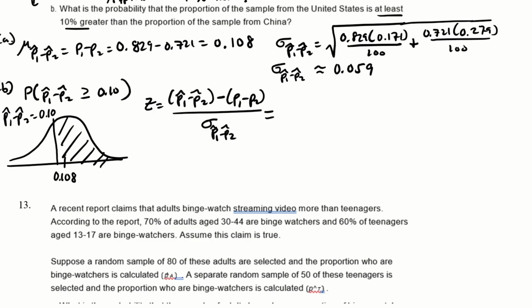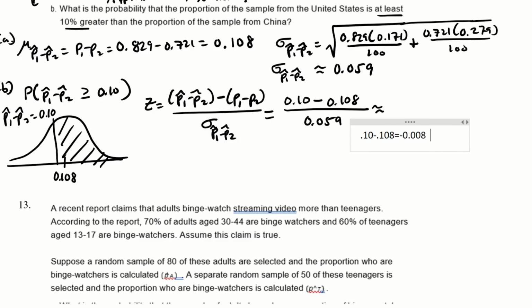So p hat 1 minus p hat 2 is 0.10, because that's what they have here, minus p1 minus p2, which we just did, it's 0.108, that's just the mean, over the standard deviation we already calculated, 0.059. Then we'll calculate the z-score for that: negative 0.14-ish.